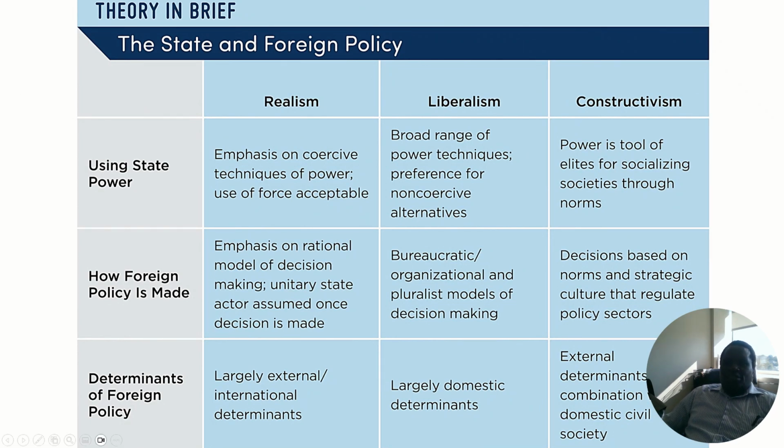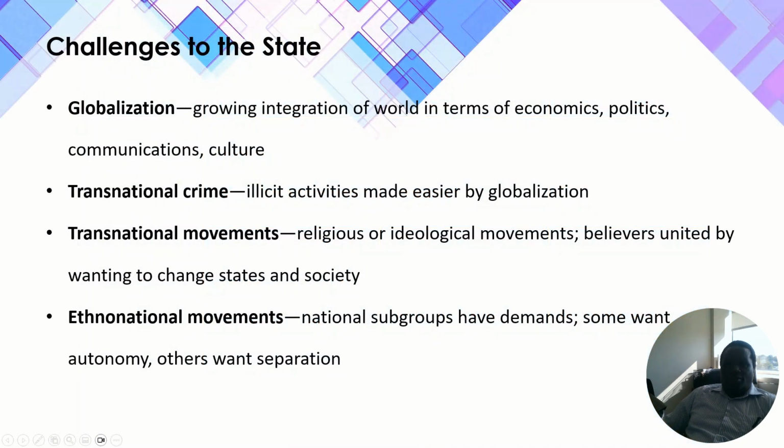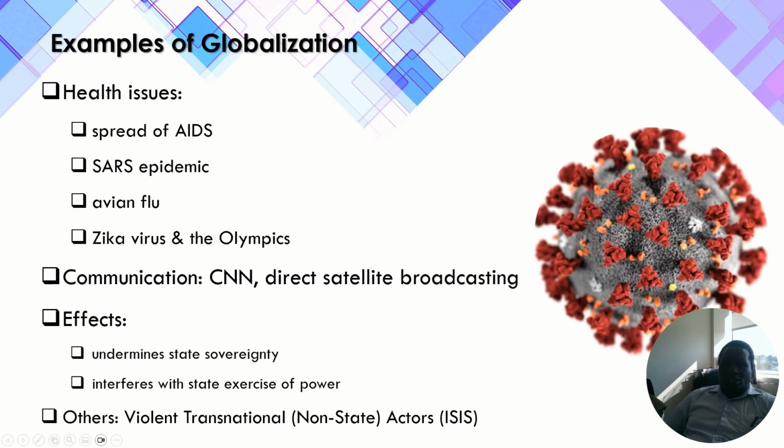But so when we think about state and foreign policy, what the state is, and how it approaches its relations with others, we also have to think about the challenges to the state, such as globalization, transnational crime, transnational movements, and ethno-national movements, and how the state has to contend with this, but also the globalization of negative experiences such as AIDS, SARS, avian flu, Zika, but also now COVID.